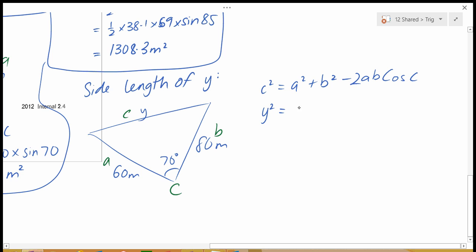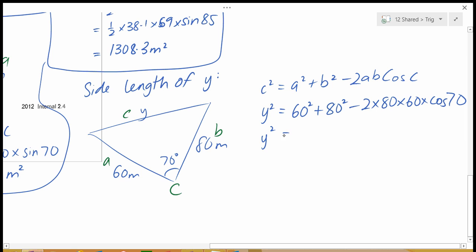A squared is 60 squared, and B squared is 80 squared. We've got minus 2 times 80 times 60 times cos, and the angle is 70.